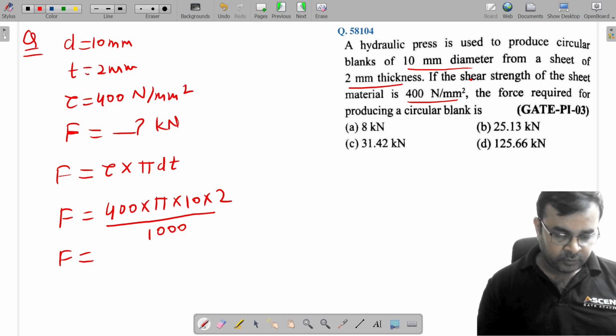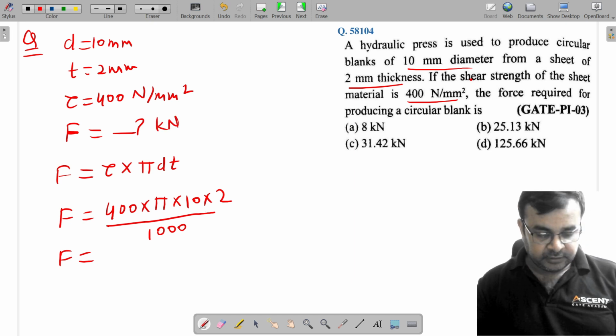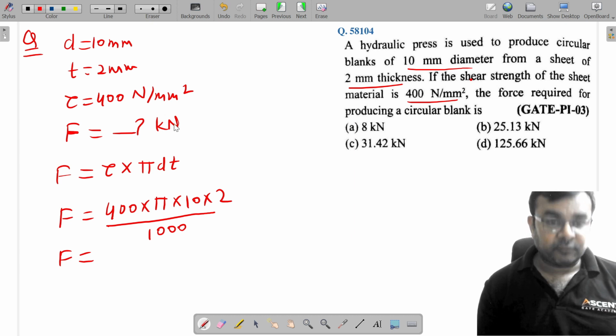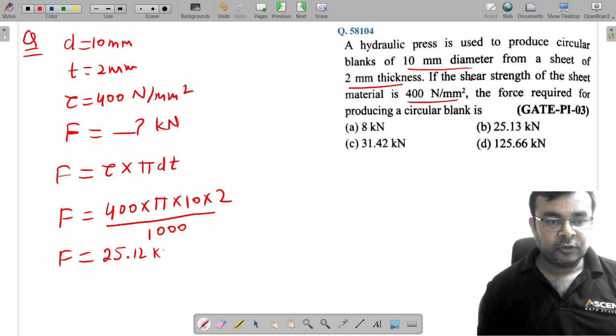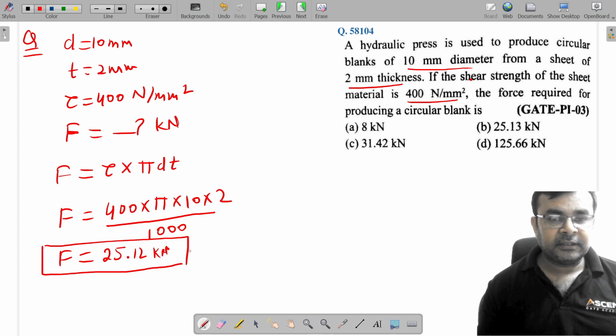Yes or no? So let me check what is the correct answer. This is 400 into 3.14 into 20 divided by 1000. So yes, this is 25.12. Yes, we have this option, 25.12 kilonewton. Correct. So the correct answer is option B.